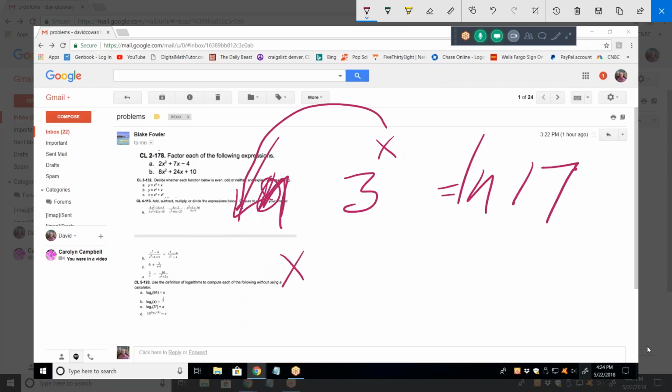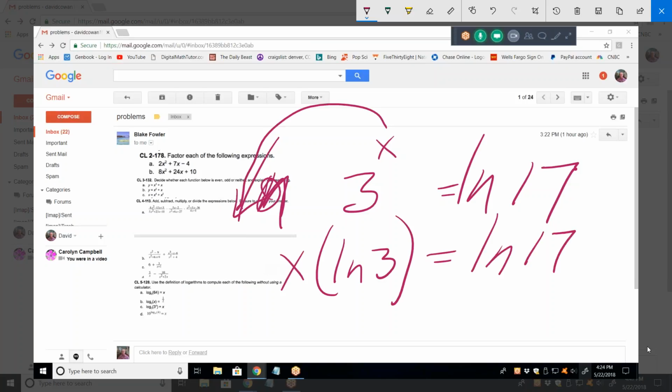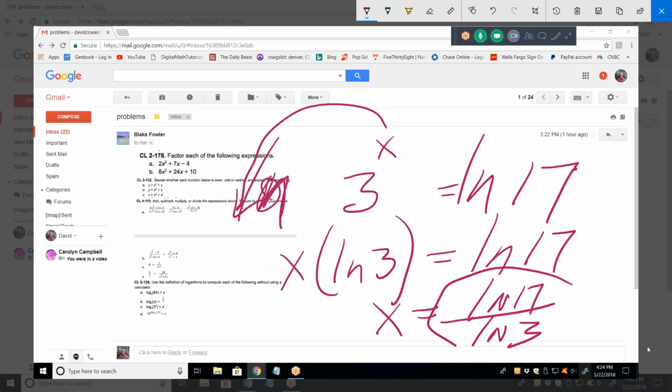So now I got x times natural log of 3 equals natural log of 17. Well, these are both numbers. That means x equals natural log of 17 divided by natural log of 3. That's the exact answer, and I did not need a calculator for it. The calculator's always going to round that number off, and you're going to have to end up approximating.